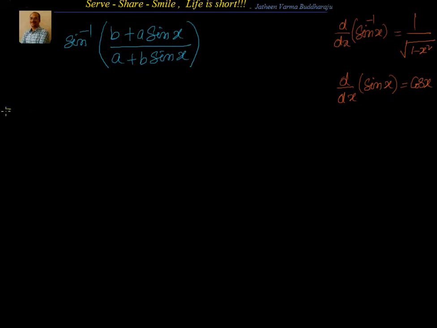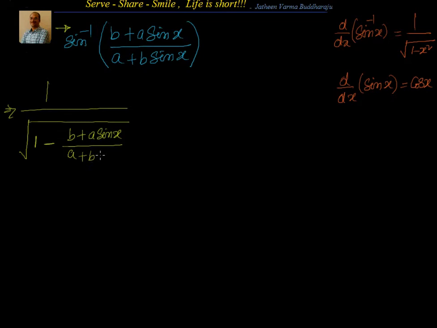First we'll write down 1 by, because at the higher level I see first sin inverse, outer to inner. First see sin inverse. Sin inverse is square root of 1 minus x square, where x square is (b plus a sin x) divided by (a plus b sin x) whole square.